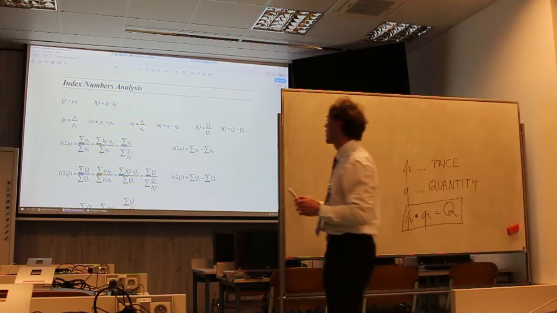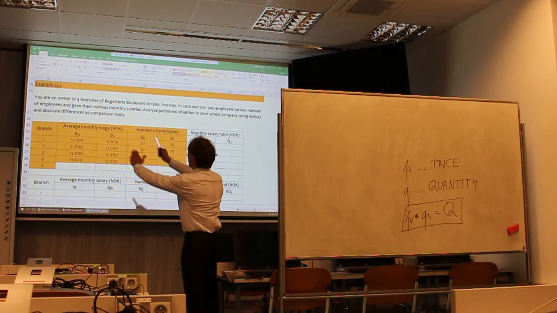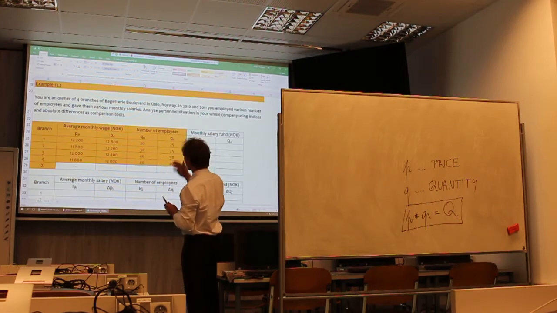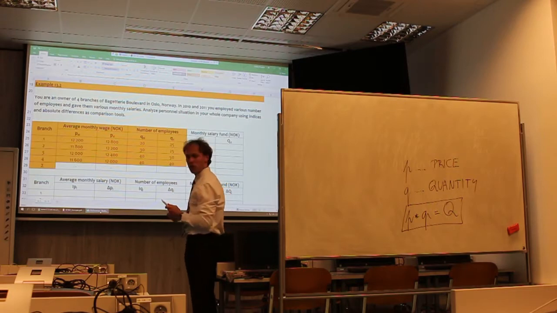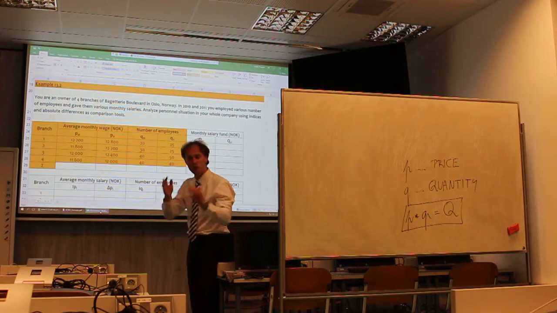In case of first example, you are an owner of 4 branches of Baguetterie Boulevard in Oslo, Norway. In 2010 and 2011, you employed various numbers of employees and gave them various monthly salaries, wages.